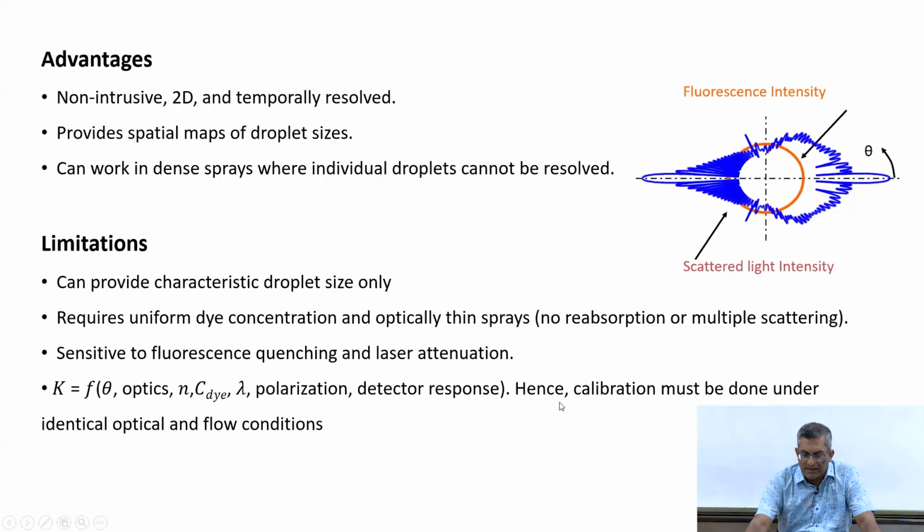So, this means that you have to do the calibration under identical optical conditions. Before you use it in your spray, you have to use some kind of spray where you know the droplet size distribution or the droplet size, and then use this technique, get the LIF intensity, mean intensity, take the ratio, and from there you calculate the calibration constant.